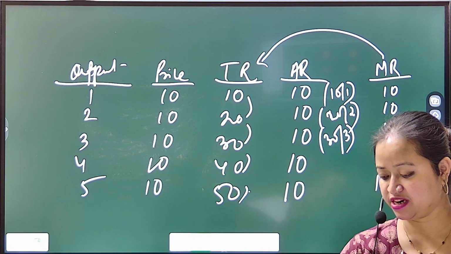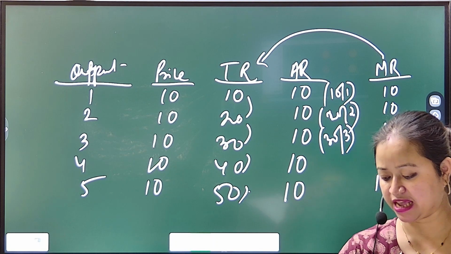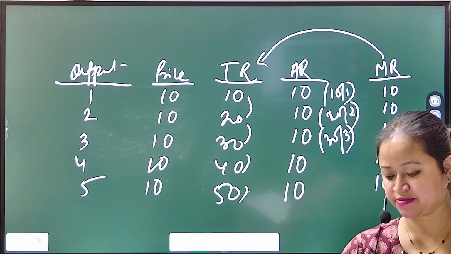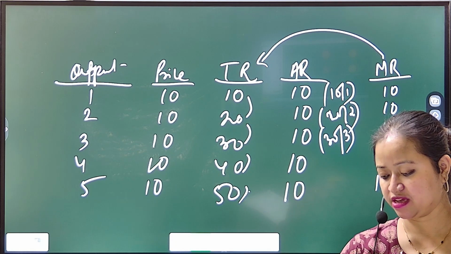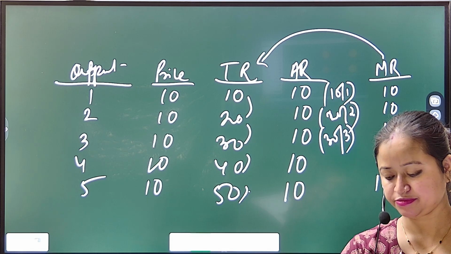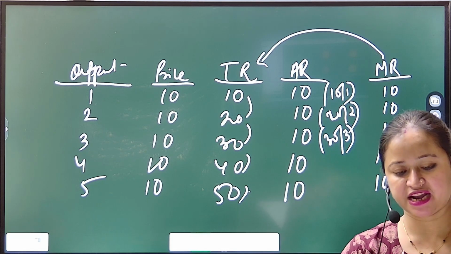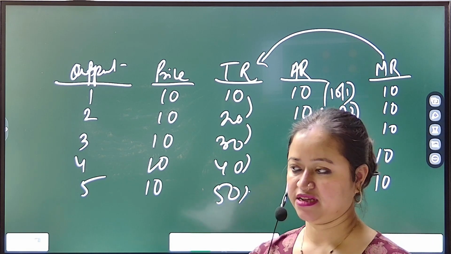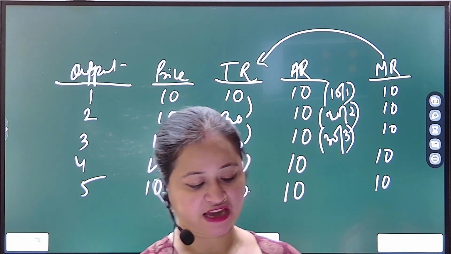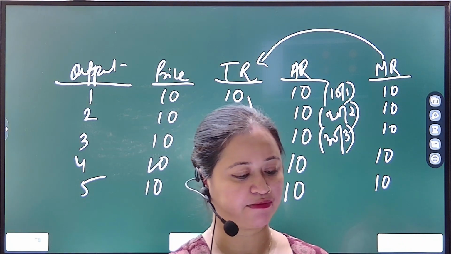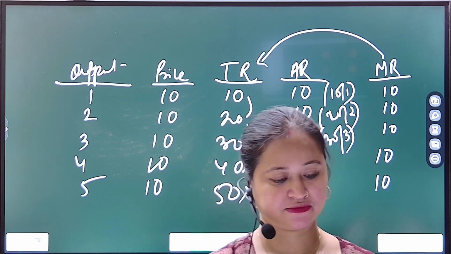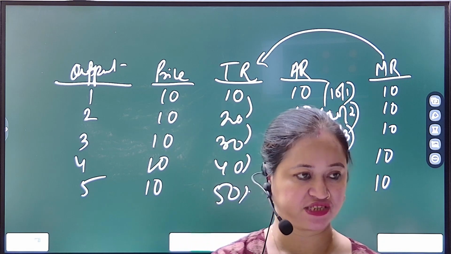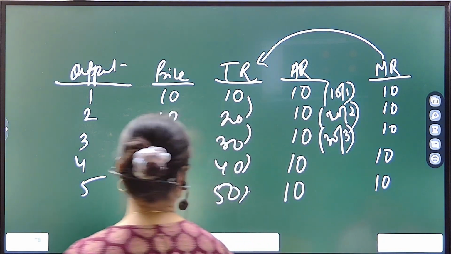Here AR and MR are equal in a perfect competitive market. You can see the AR and MR curve is parallel to the OX axis because the price is constant. So that line you write down.